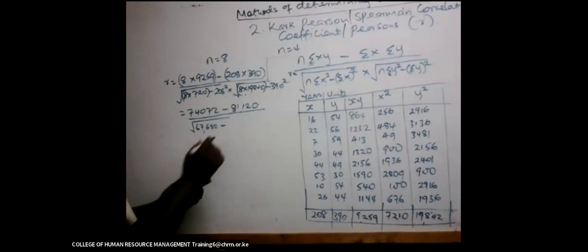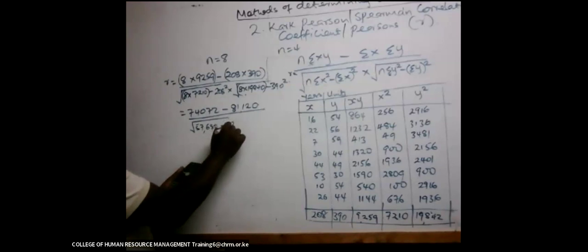Divide by the square root. 8 times 7210 is 57,680 minus 208 squared, which is 43,264.